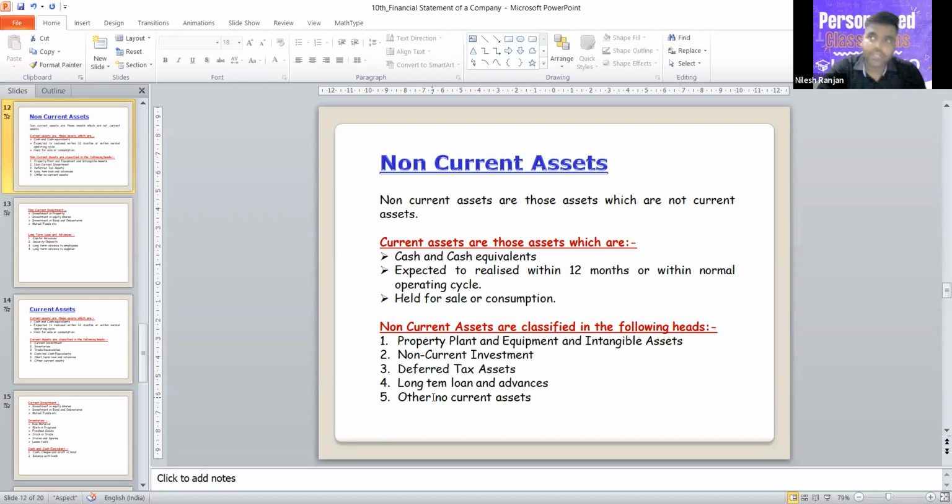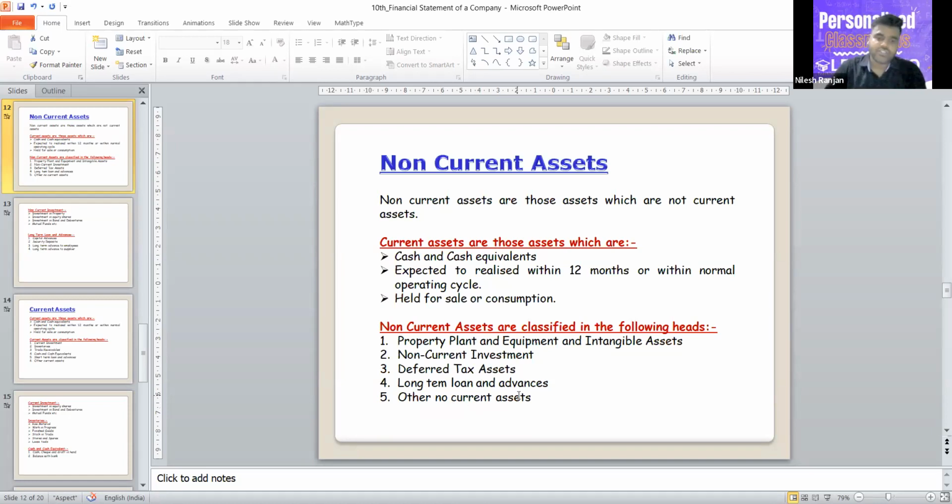It can be long-term or short-term. If the advance is for more than 12 months, then it is categorized in long-term loans and advances. If it is for the short term, then it is short-term. So: advance to employees, advance to landlord, advance to supplier.